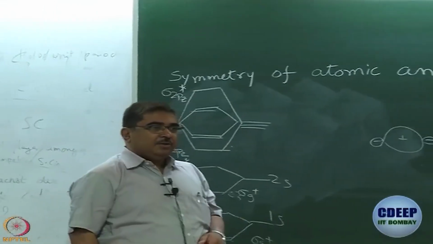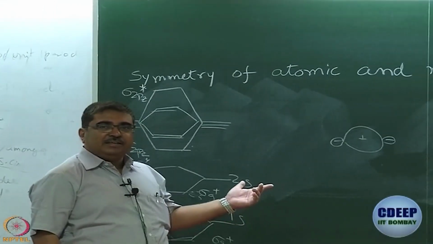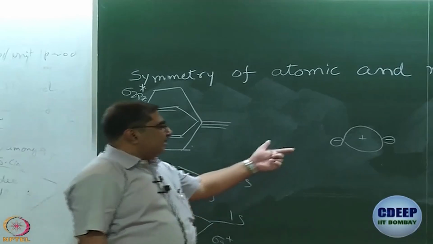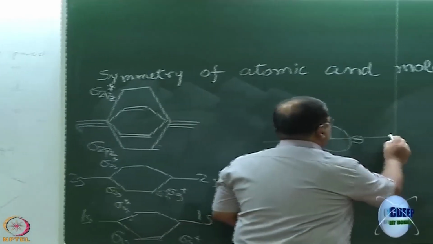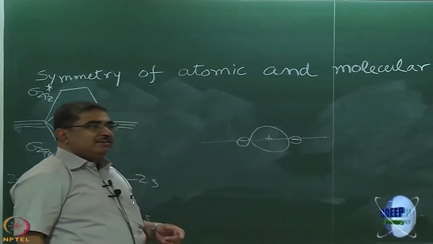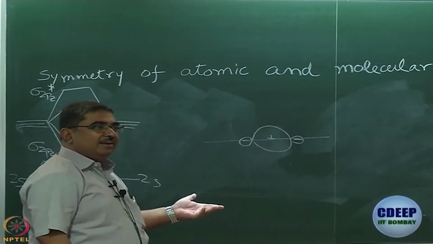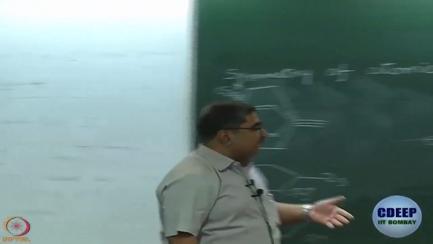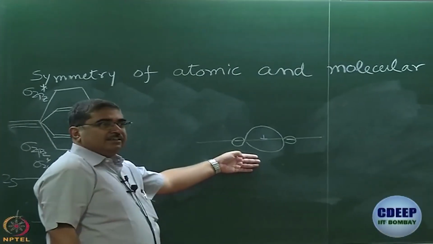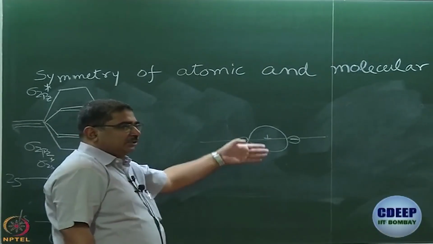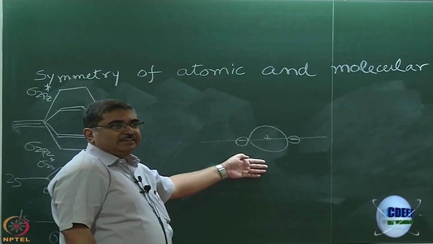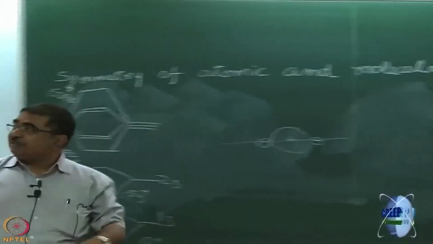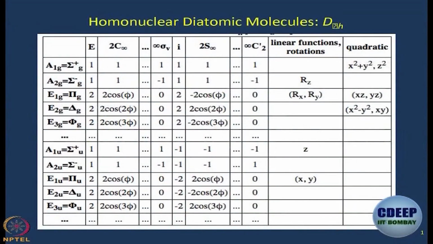Right? So, let us see quickly what the characters would be. For E, character is 1. For C infinity, what is the character? 1. What is the next symmetry operation? Sigma V. Where is sigma V? This plane of the board. Of course, there are many, but I can take the plane of the board. What is the character? 1. What is the next one? S infinity.